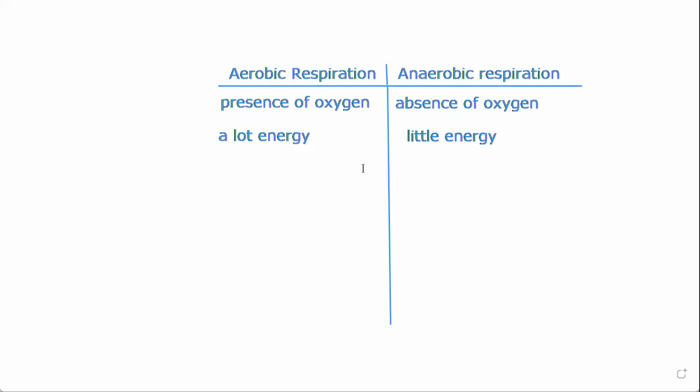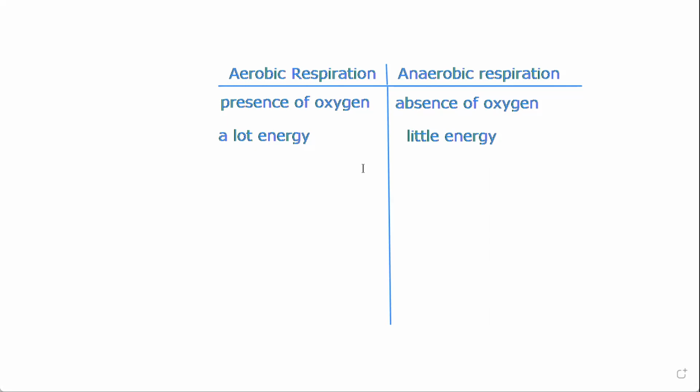So your muscles will have a high demand for oxygen. I mean, there will be high demand for the oxygen in the muscles.